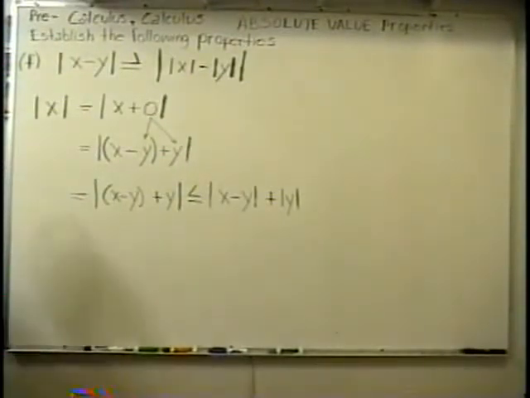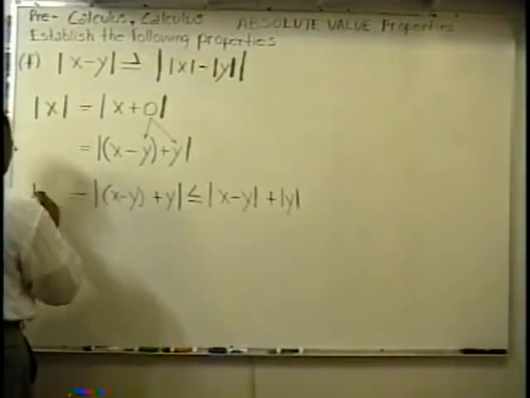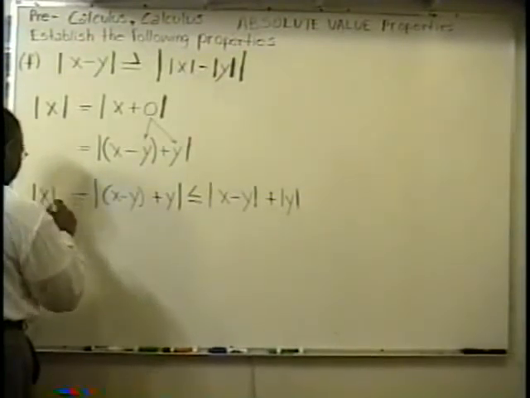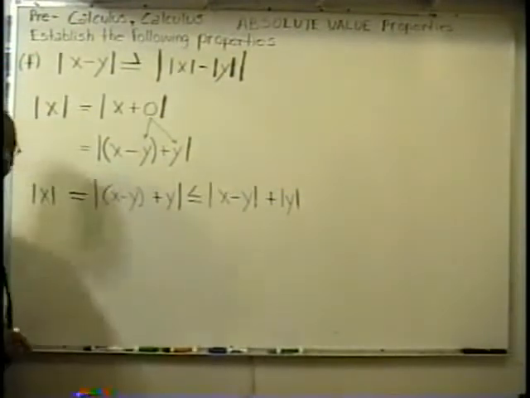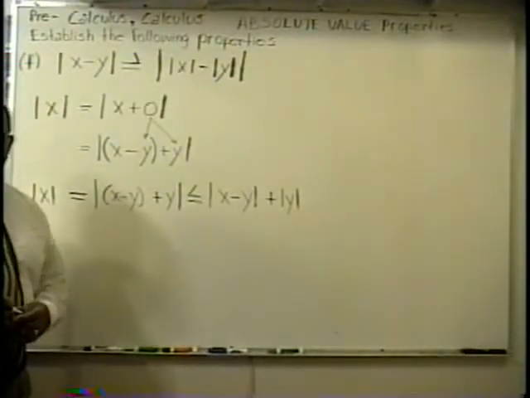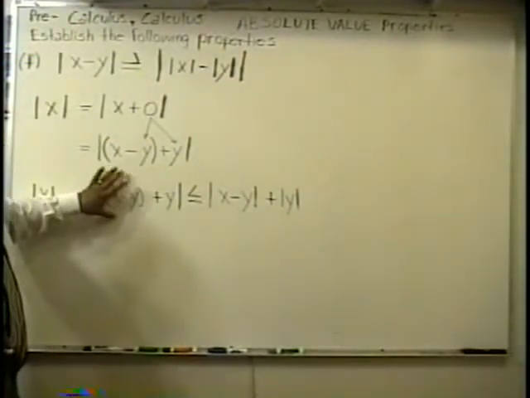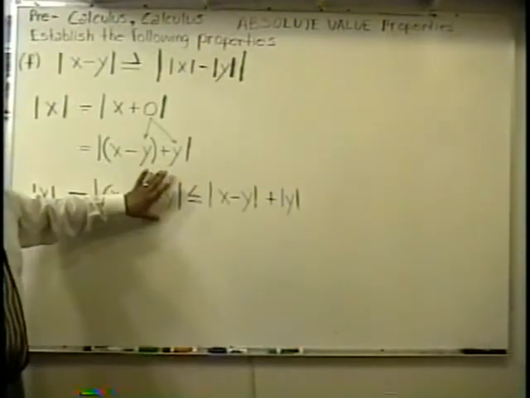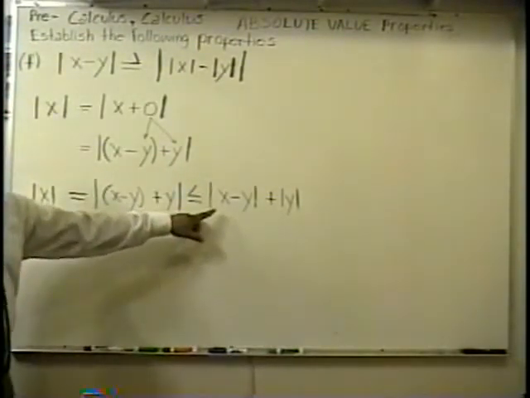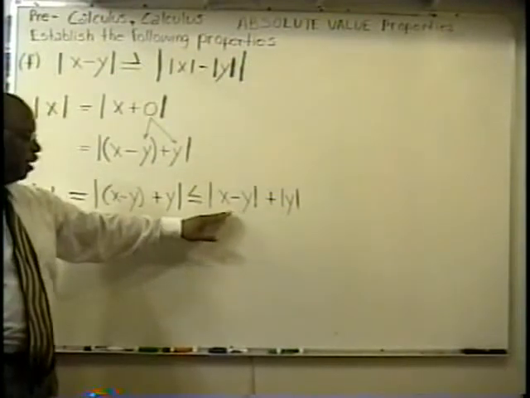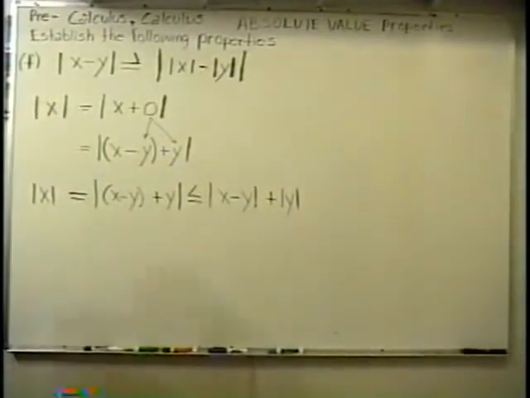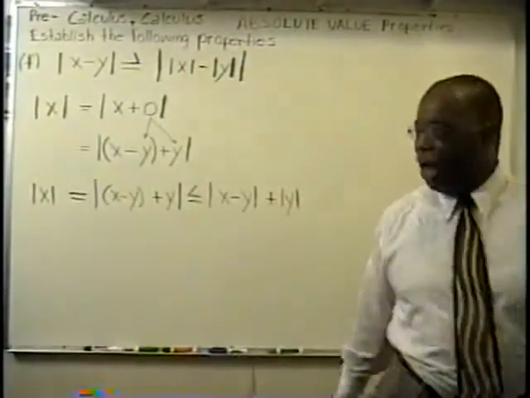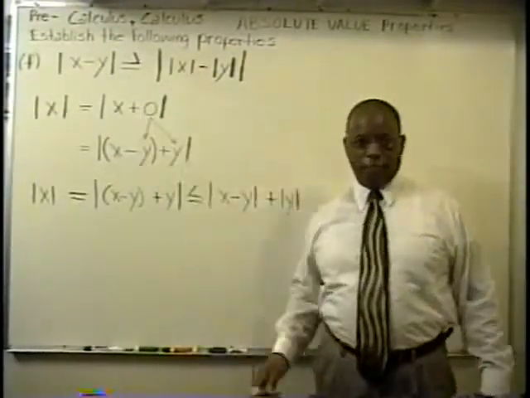So now we have that. So far, we have the absolute value of x was equal to this expression, but now using the triangle inequality, we have this quantity and that quantity. We know that this is less than or equal to the absolute value of x minus y, that quantity, plus the absolute value of y, by using and employing our algebraic trick.